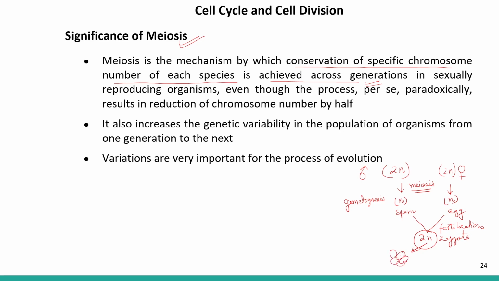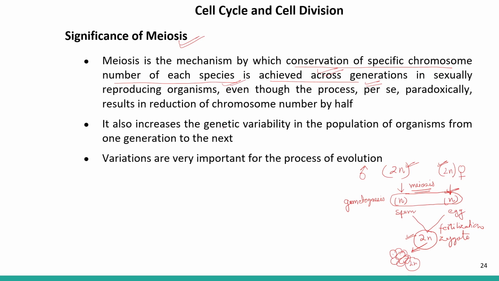So all the cells here are 2n, that is diploid, which is showing in the individual. So only at this particular stage, the haploid stage, there is a formation of a zygote which is diploid, right? So it shows the conservation of the specific chromosome number in each species, right?